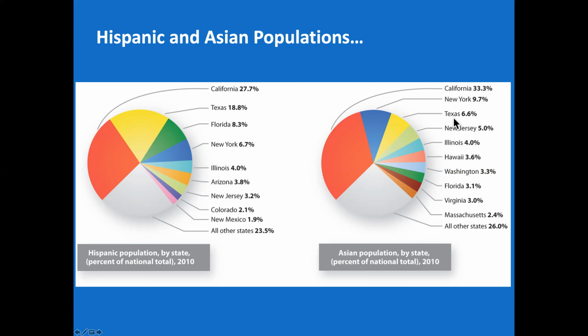Notice Washington State, Hawaii. I'm surprised Oregon isn't on this list. But in other words, California, because you have cities like San Francisco, Sacramento, San Diego, Los Angeles, each with significant Asian clusters.